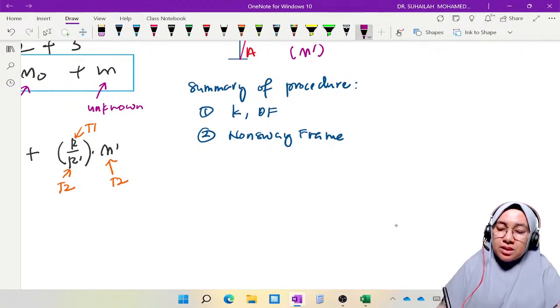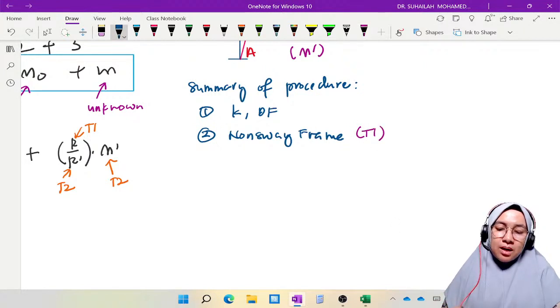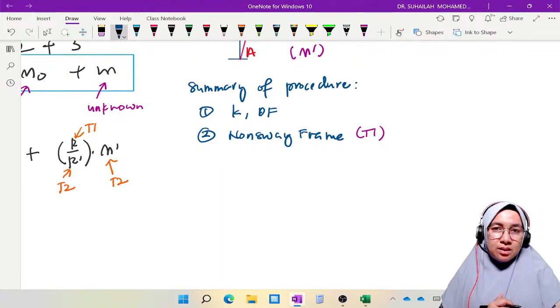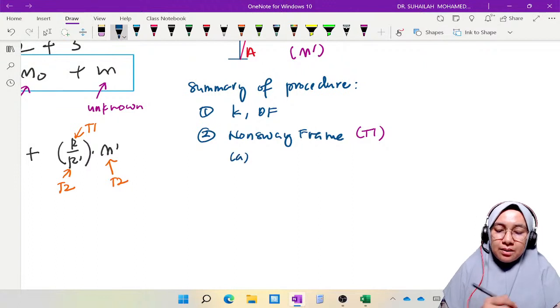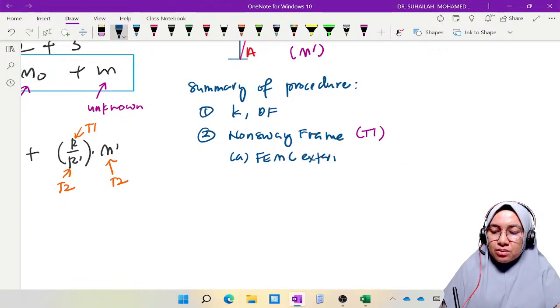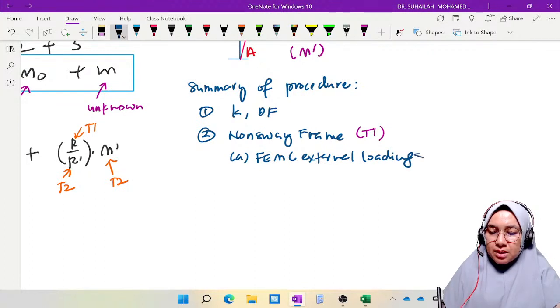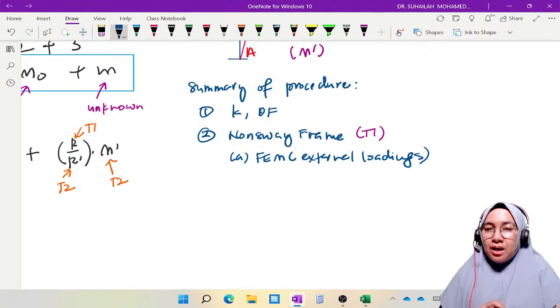For the non-sway frame, I can divide it into three steps. First, we have to calculate the FEM due to external loading. As I always mention, FEM is the member end moment, the first member end moment in the table.